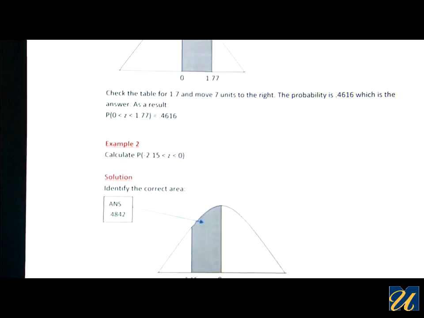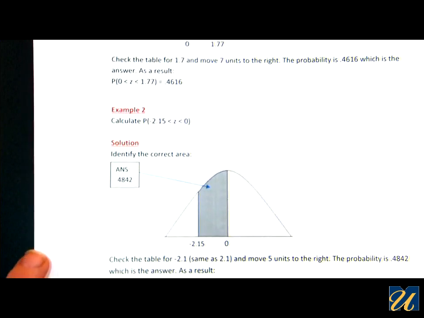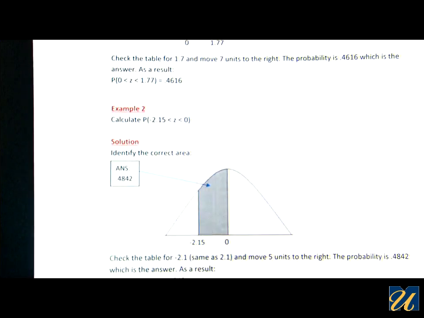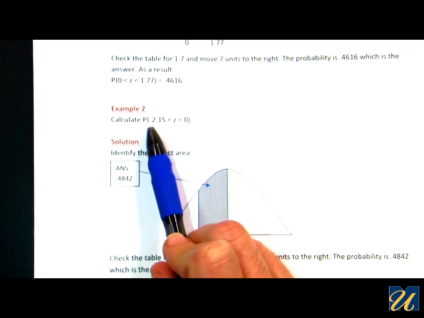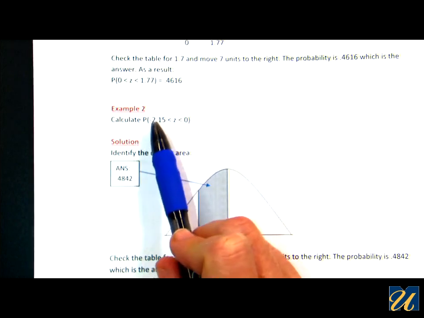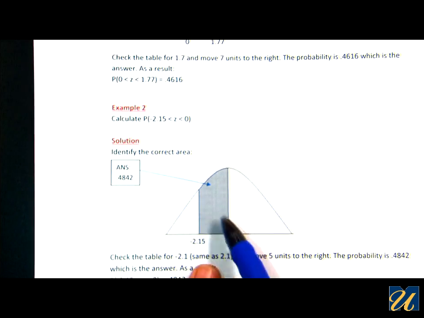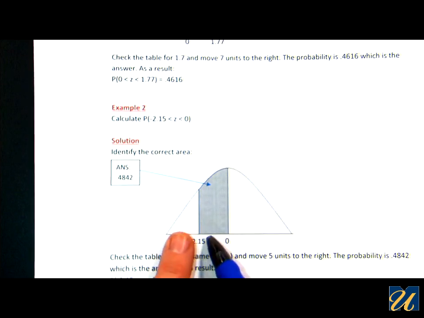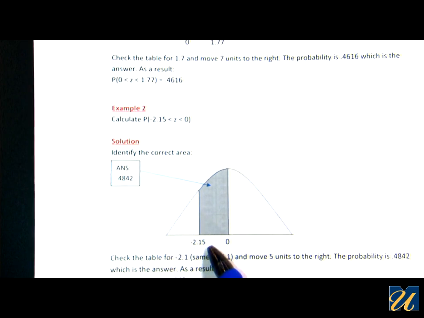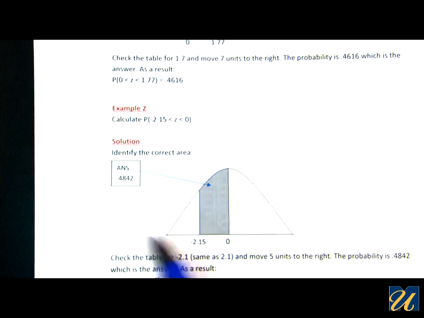Now, calculate the probability where the z-score will be between 0 and negative 2.15. Negative 2.15 will be to the left of the mean being 0. So I'm looking for this area from 0 to negative 2.15. You will take the absolute value, given the table that we use. Even if you have a negative z-score, it will still be the same table. You simply take the absolute value.